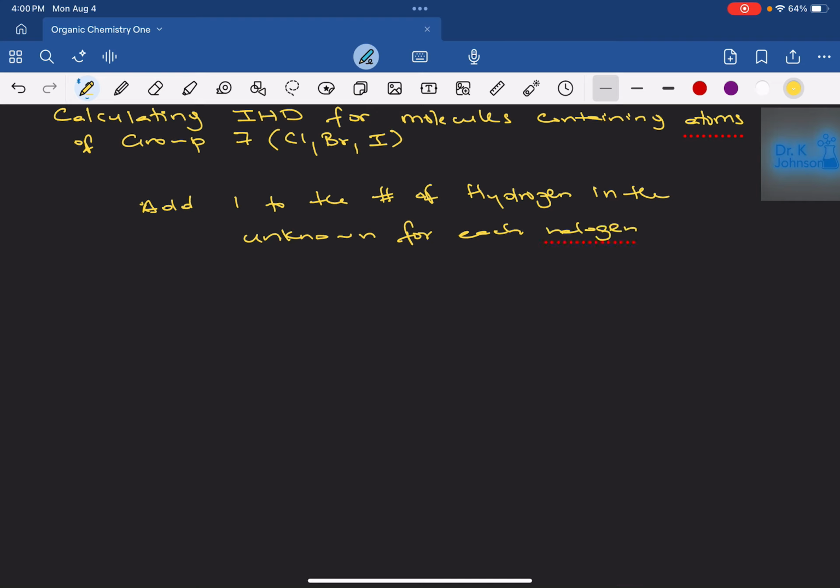So for example, if your unknown has 2 halogens, then you add 2 to the number of hydrogens in your unknown. Let's look at an example.